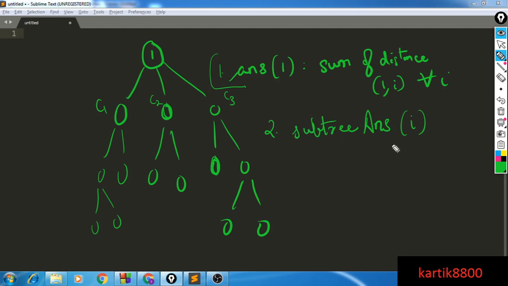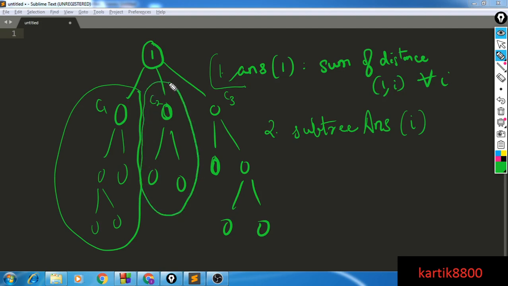So the subtree answer of C1 would mean the answer for C1 if I assume that my entire tree was this particular region. Similarly, the subtree answer for C2 will be the answer for node C2, that is the sum of the distances from C2 to every other node, assuming that this was my entire tree. Similarly, the subtree answer of C3.